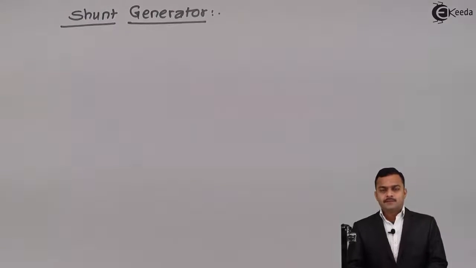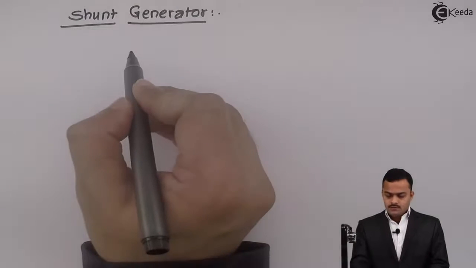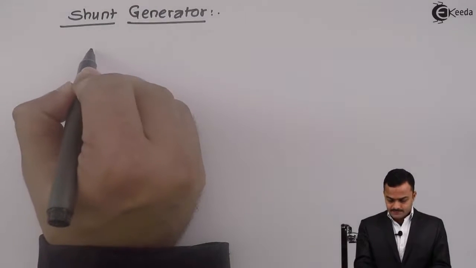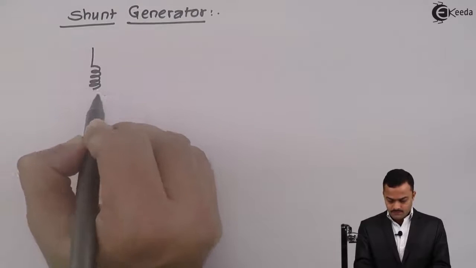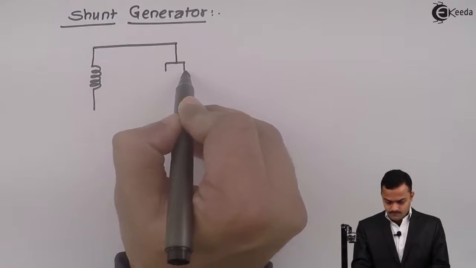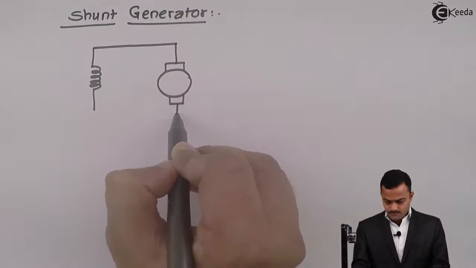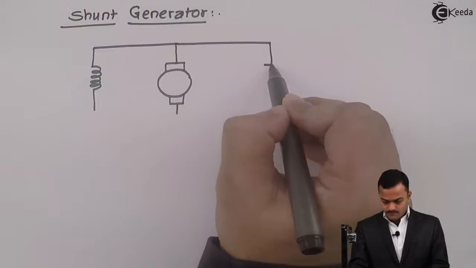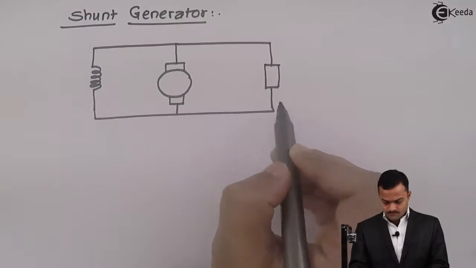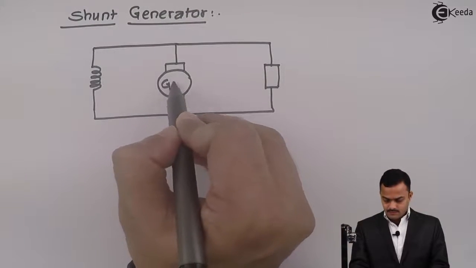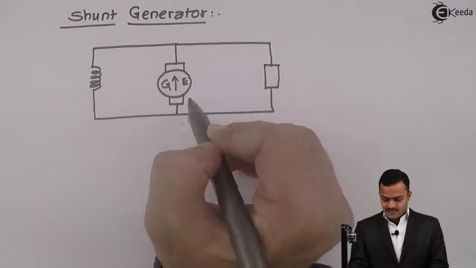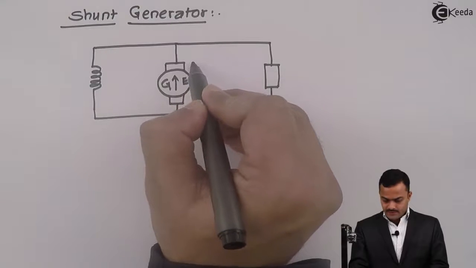Shunt generator. Now the circuit diagram of a shunt generator will be like this. This is a generator and its armature has terminals A1 and A2.